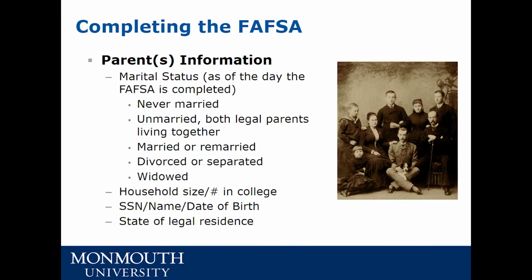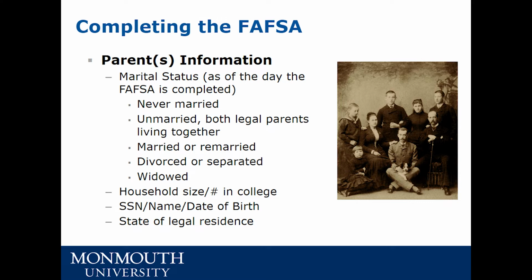One of those items is your marital status. So when it asks, what is your marital status, and it says, as of the day the FAFSA is completed, you'll have a choice of never married, unmarried and both legal parents living together, married or remarried, divorced or separated, or widowed. So those are your choices on the FAFSA.